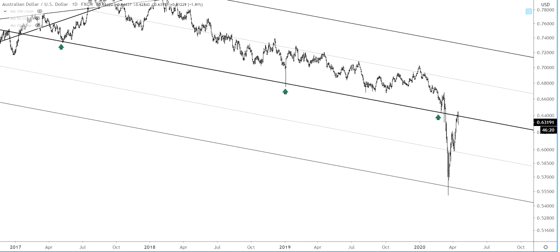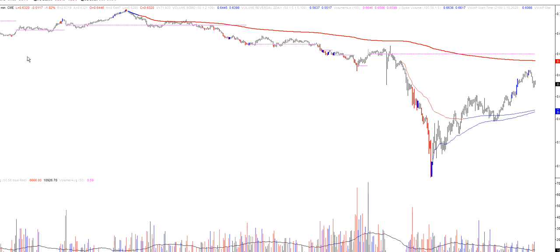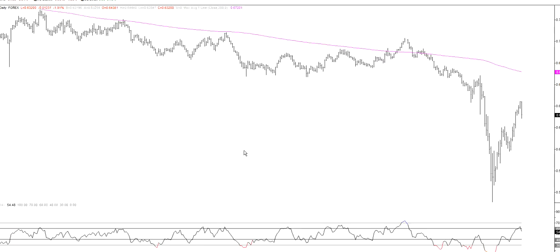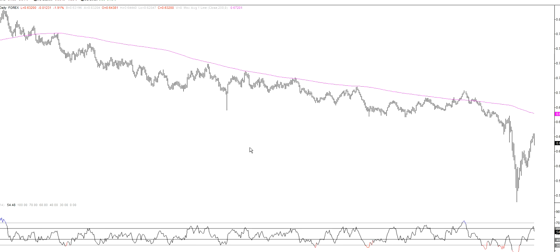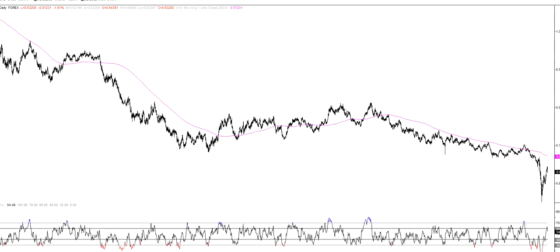Let's go to a slightly different chart here. Hopefully you guys can see this. You can see the daily RSI.